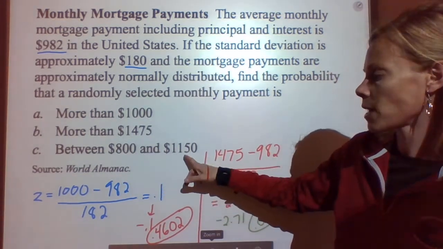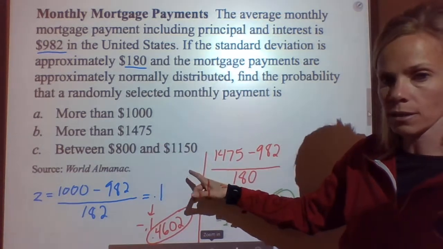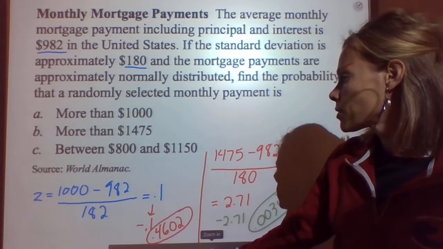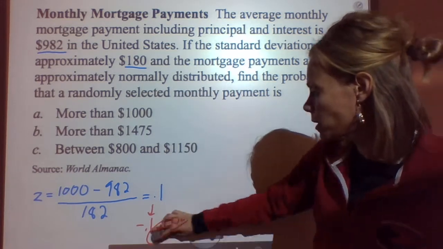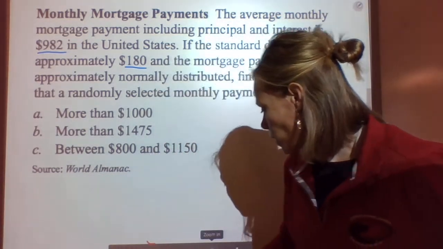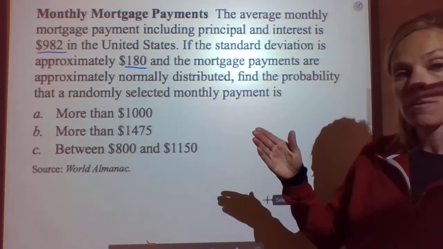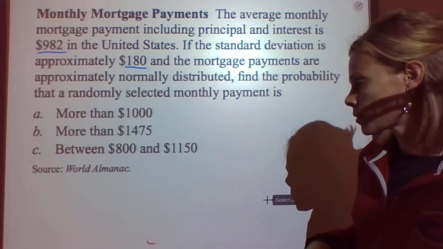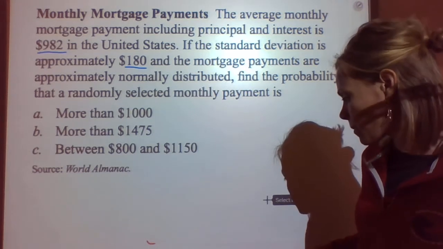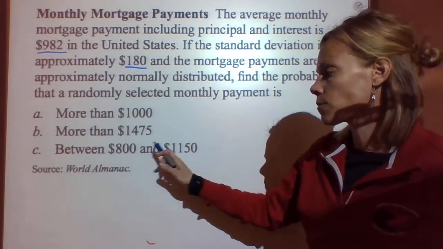Here's a good one to practice, between 800 and 1150. Okay, so area in between, we need to recall, how do we do area in between? We look up both z-scores and subtract the probabilities. So in order to look up both z-scores, I need to find the z-score for both.